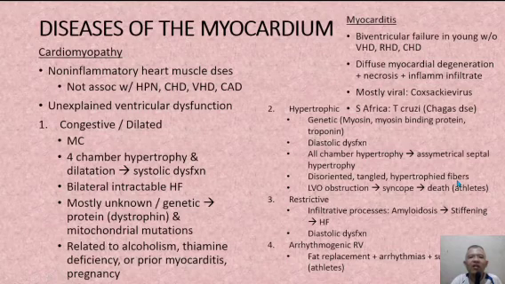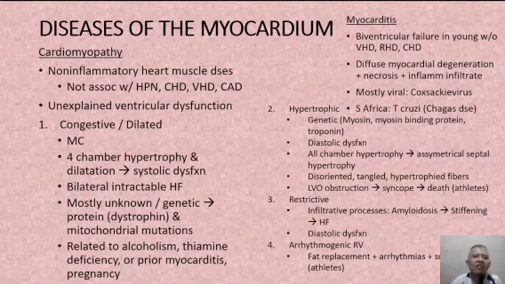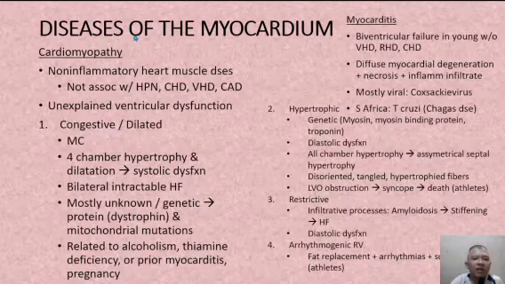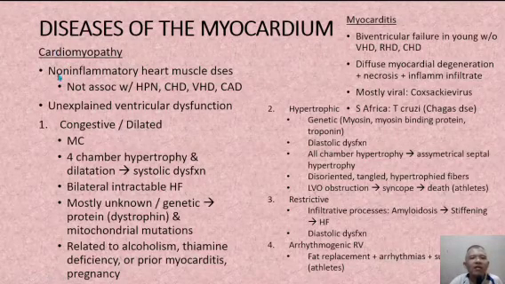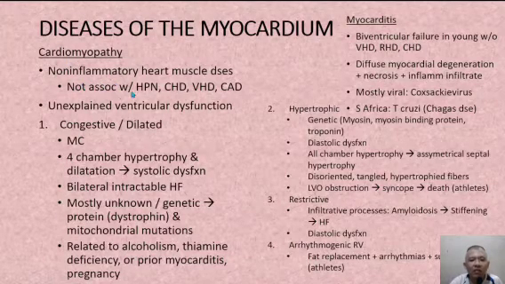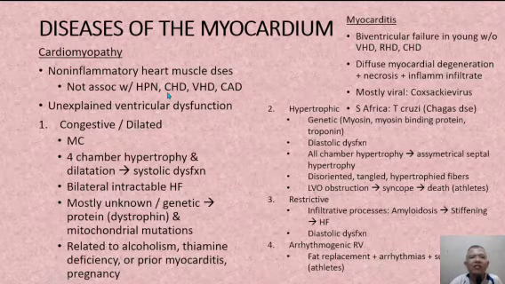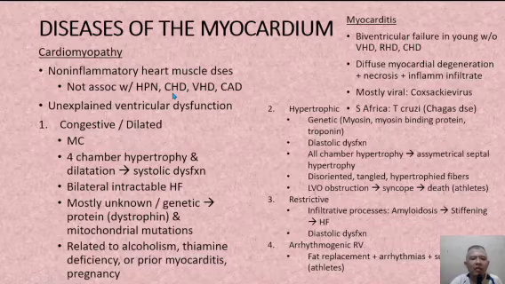Next are diseases of the myocardium. First is cardiomyopathy. These are diseases of the heart muscle that are non-inflammatory and not associated with hypertension, congenital heart disease, valvular heart disease, and coronary artery disease. Mainly the cause of this is genetic.